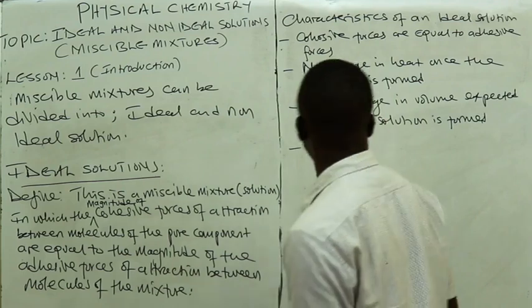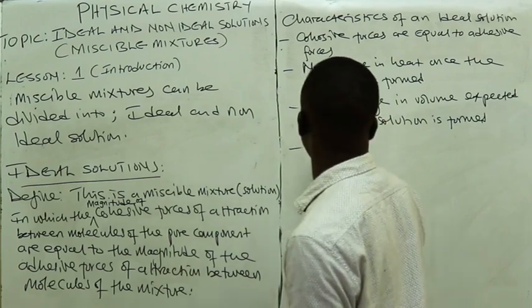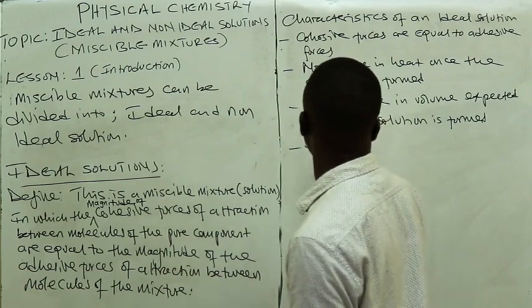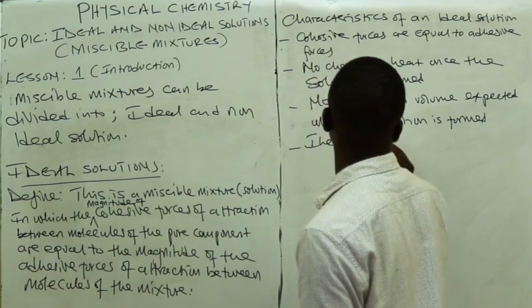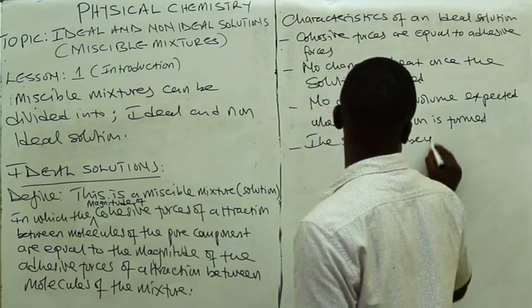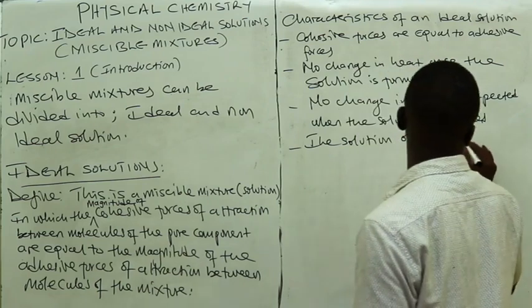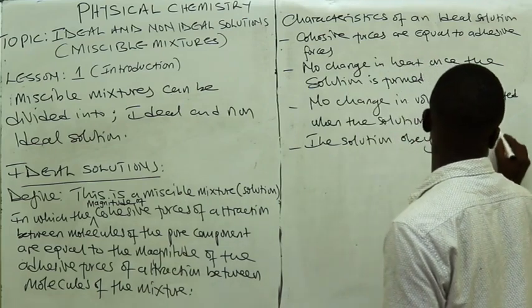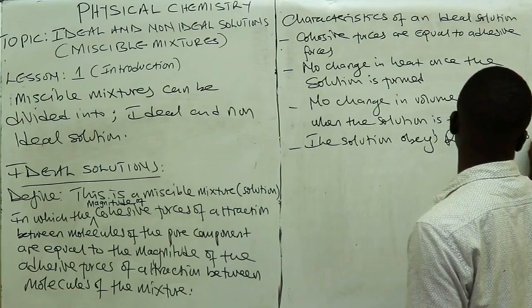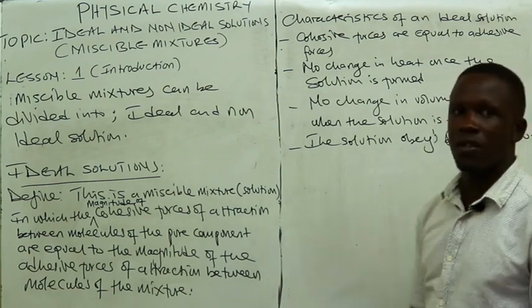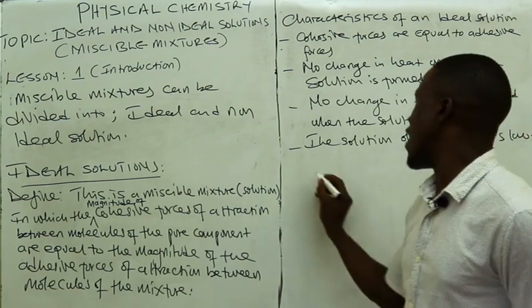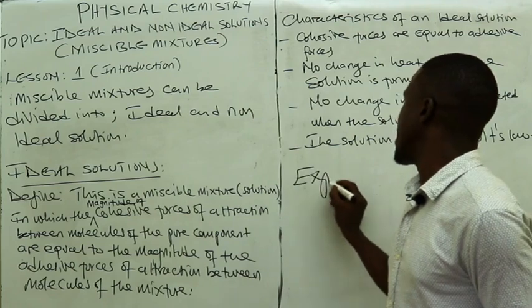Three or four, the solution obeys what we call Raoult's law. These are the four characteristics that help us now to explain.